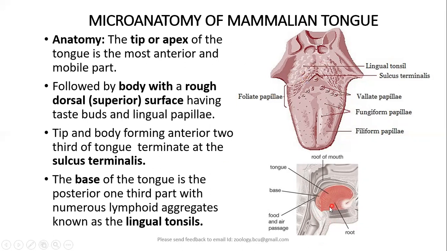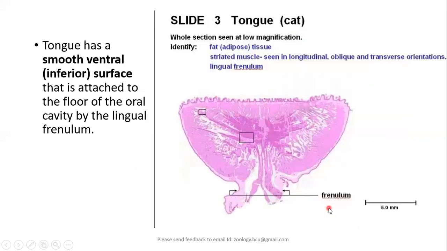In this picture, you also see how the base of the tongue helps the tongue to attach to the floor of the oral cavity, which is called the root of the tongue. So the tongue has a smooth ventral surface as you see here when compared to the dorsal surface, and mid-ventrally we'll also find a lingual frenulum which helps in the attachment of the tongue to the oral cavity.